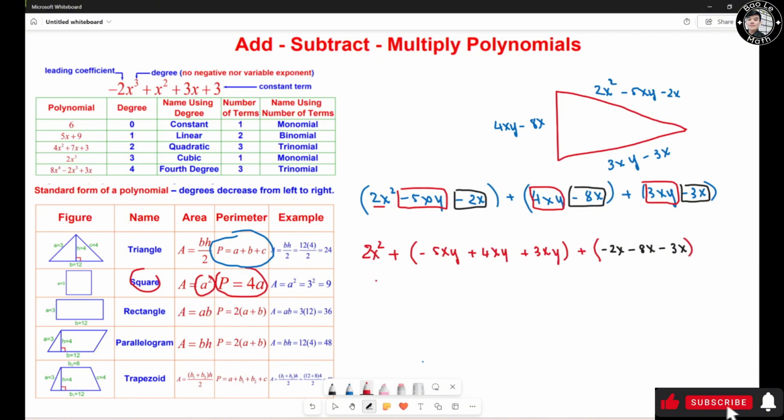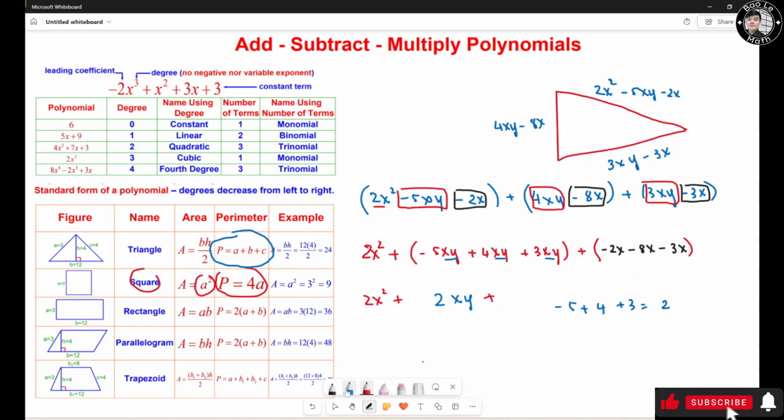Alright, now I just rewrite 2s squared plus, look at this one, I have sy, sy, sy, I just rewrite sy, right? Now, negative 5 plus 4 plus 3, right? It turns out to be 2, right? So I put 2 right here, positive, so I don't need the sign right here.